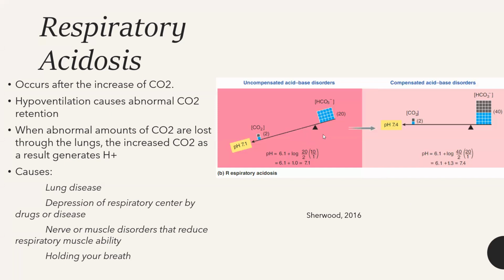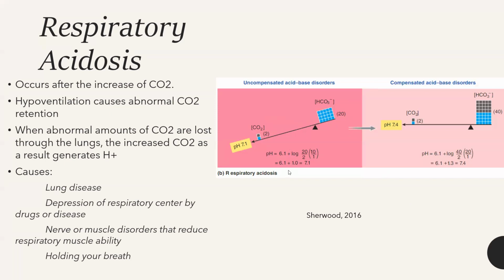The beam tips down when the relative concentration of one of the sides of the seesaw increases, and it tips up with the relative concentration of a member on each side decreasing. So visually, we have our carbon dioxide and then our bicarbonate, and then we have mathematically what is occurring.